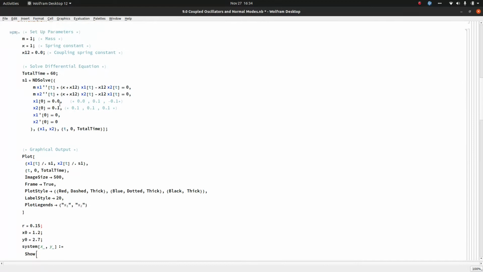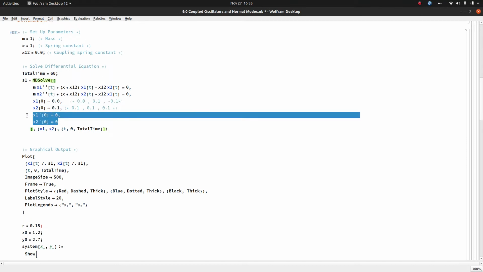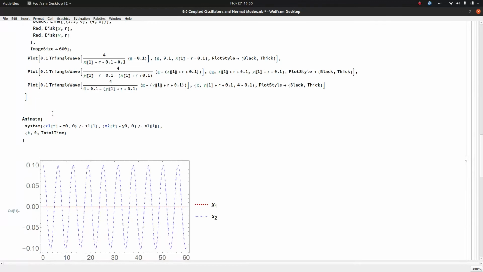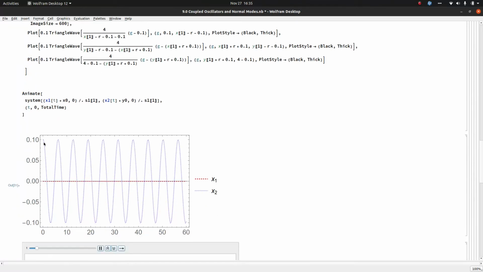In this case, I'm going to start by displacing mass number 2 by a small amount, by 0.1. And I'm going to keep mass 1 at its rest position. And I'm going to give them no initial velocity. And you can see if you do that, mass 2 will oscillate, nothing will happen to mass 1.